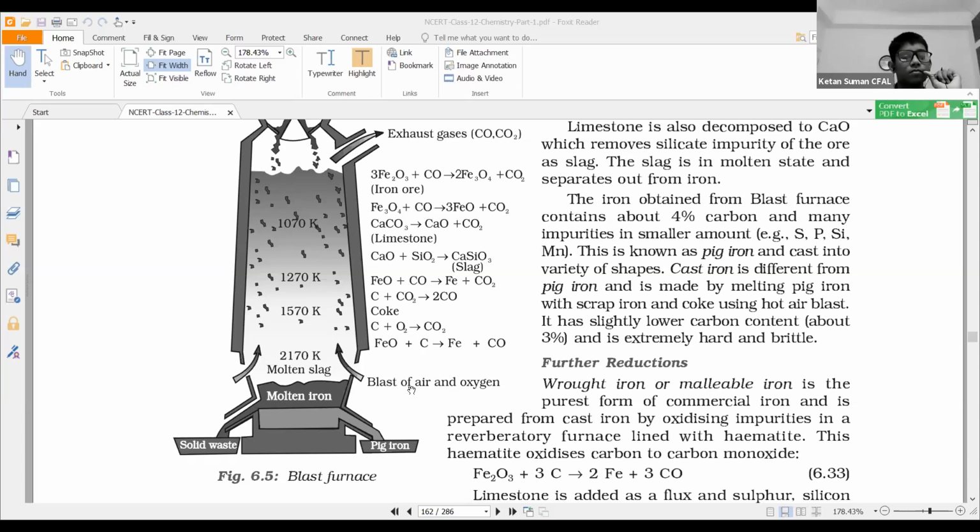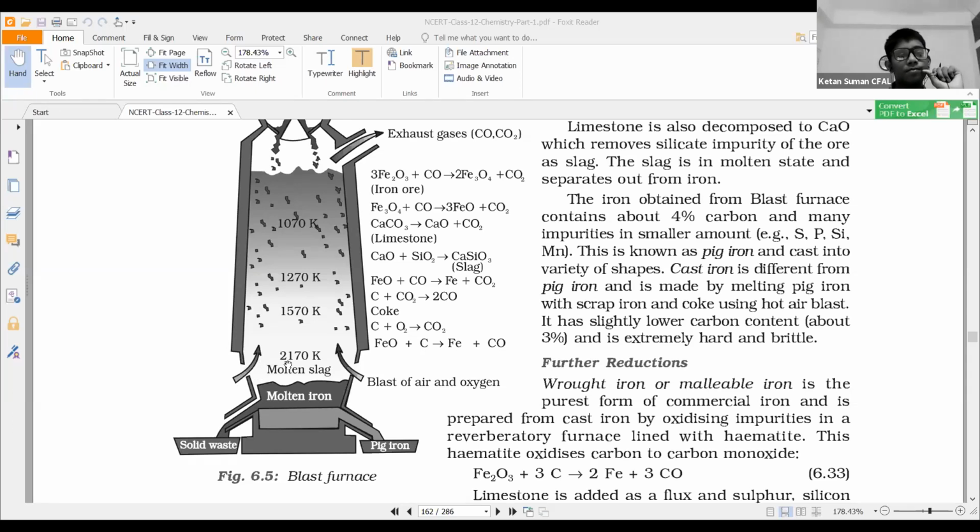See, blast of air and oxygen. Why is it specifically written as oxygen? Students, you may get another reaction. If nitrogen is there, you will get some metal nitrides. So there will be a filter so that solid substance will not enter. But in this diagram there is a gap, so you may feel that this may leak.